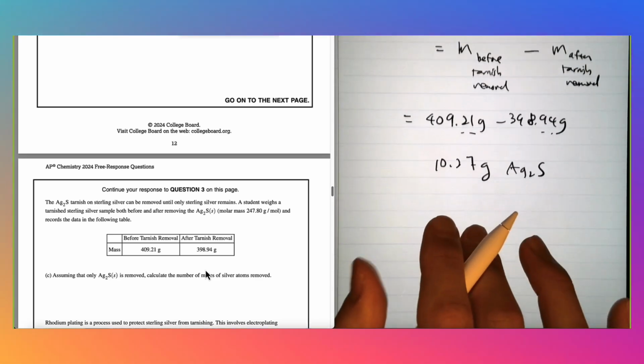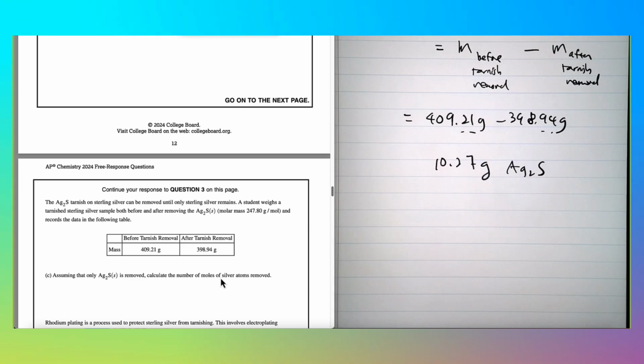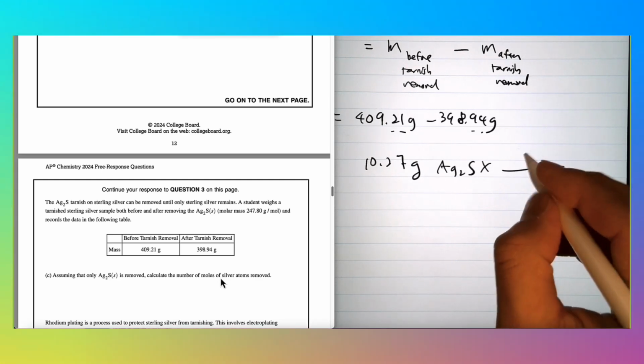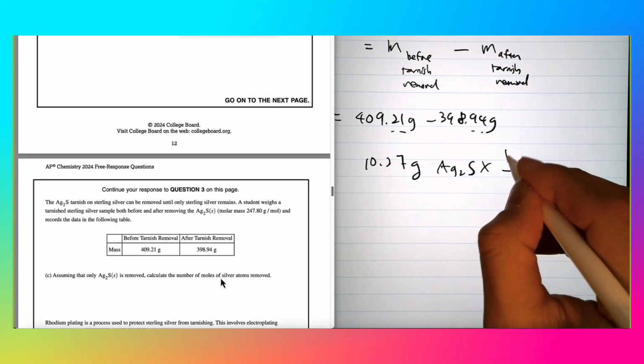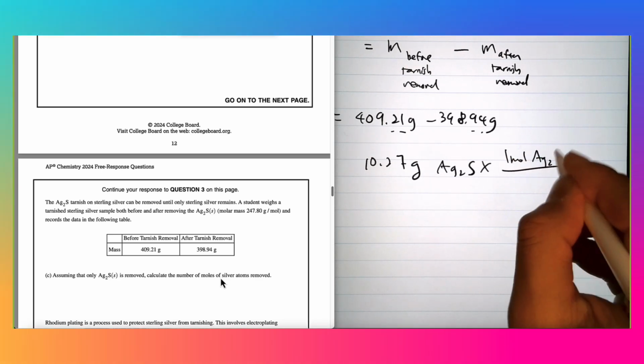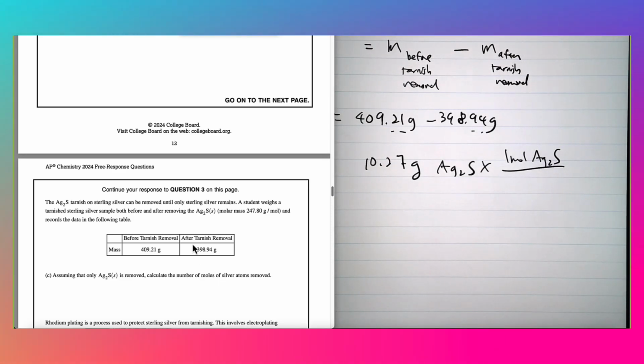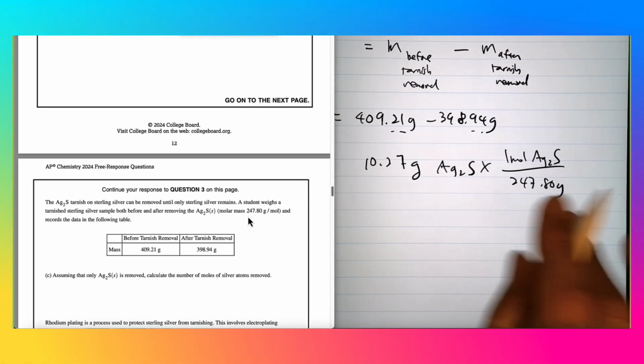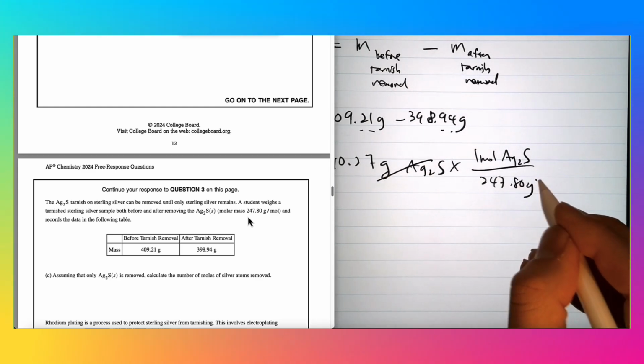But that's not what they're asking. They want us to find the moles of silver atoms removed. Then we first need to convert this to the moles of Ag2S. 1 mole of Ag2S, and they gave us the molar mass, 247.80 grams. Okay, we can cancel that out.